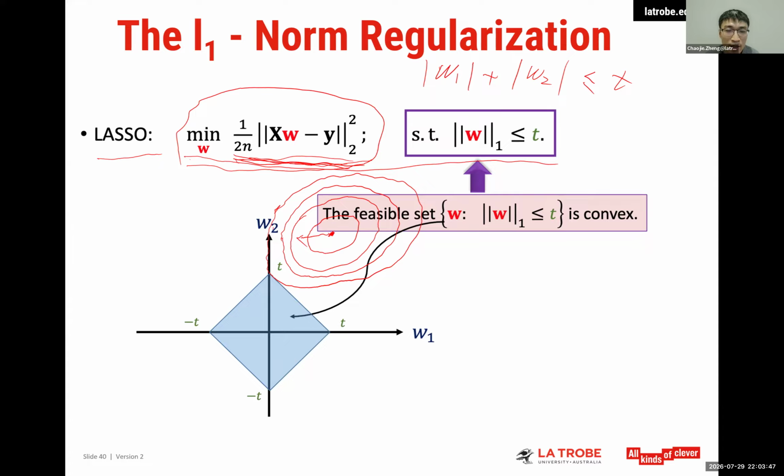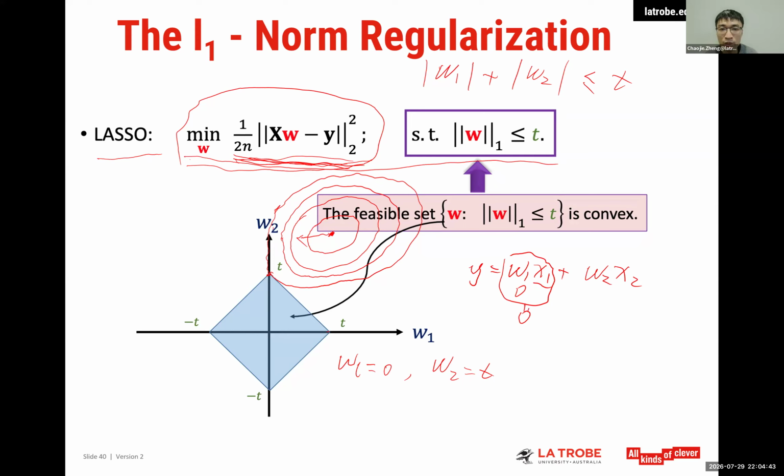So we will see that this level set of the loss function will first reach the corner of this feasible set for weight vector W. And at this corner location, in this case, W1 will equal 0 and W2 will equal T. So that means when we are doing the prediction, if W1 is 0, no matter what value we set for X1, this whole term will be totally ignored because the multiplication result will be 0, right?